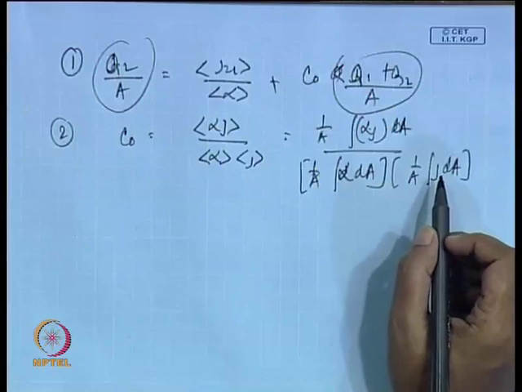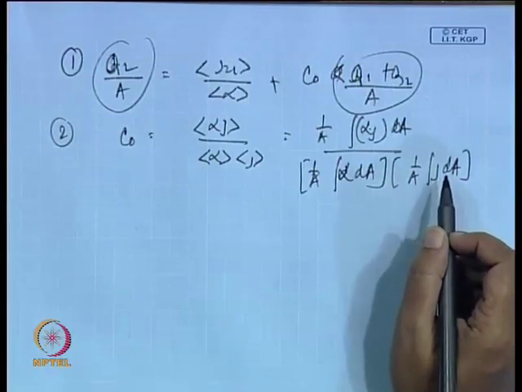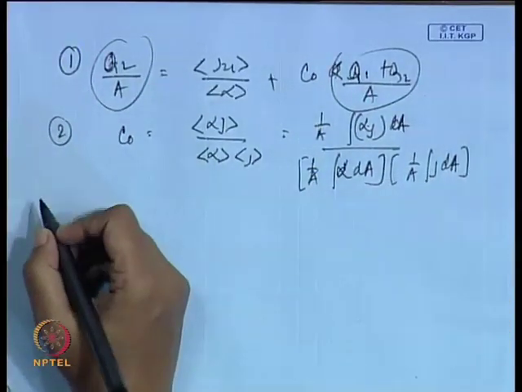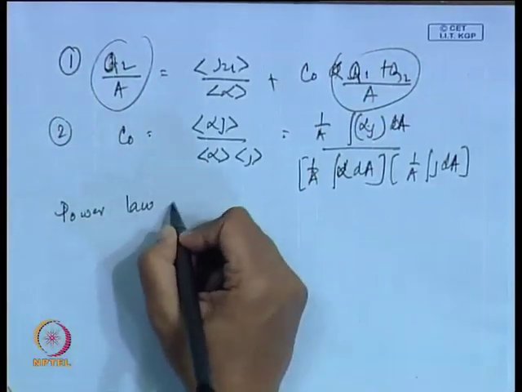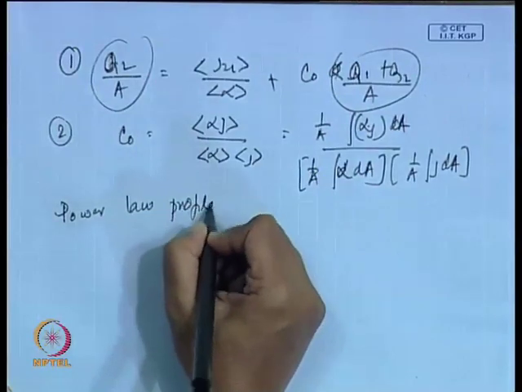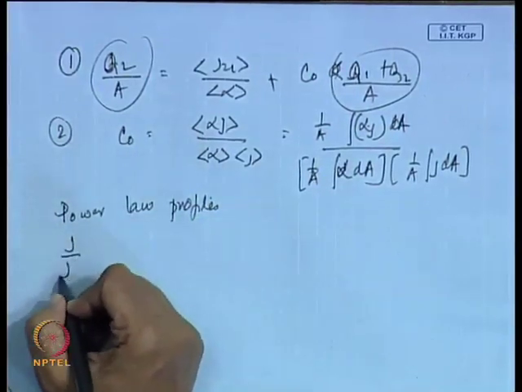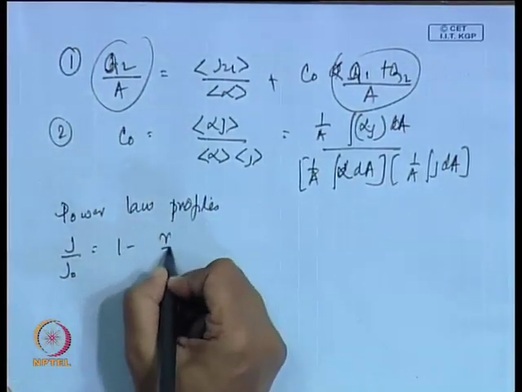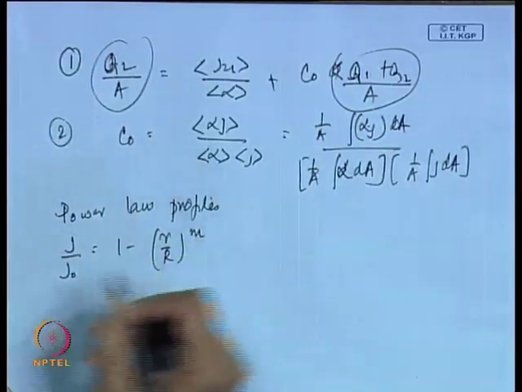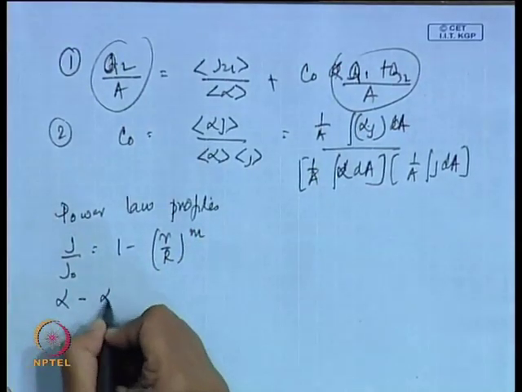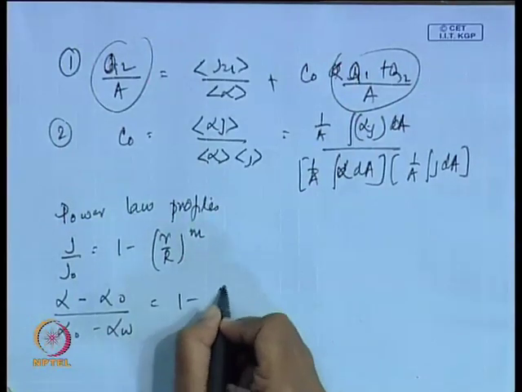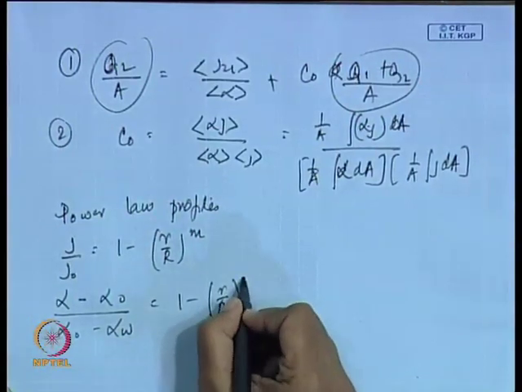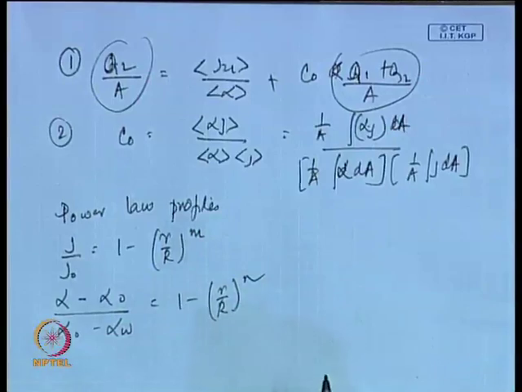Usually we assume parabolic or power law profiles. The type of profiles which we assume are power law profiles, which give you j by j0 equals 1 minus r by R whole to the power m, and alpha minus alpha w by alpha 0 minus alpha w equals 1 minus r by R whole to the power n. Okay.